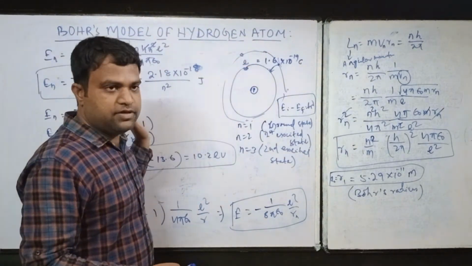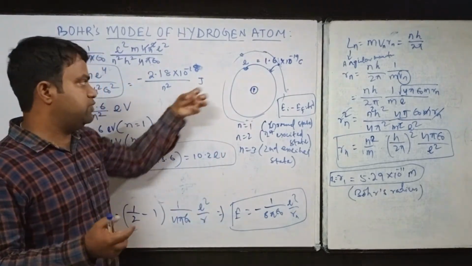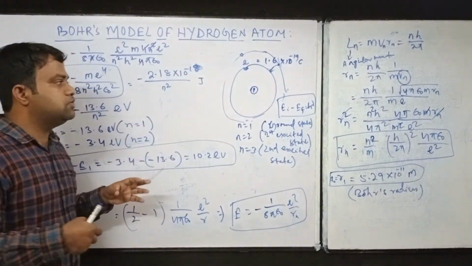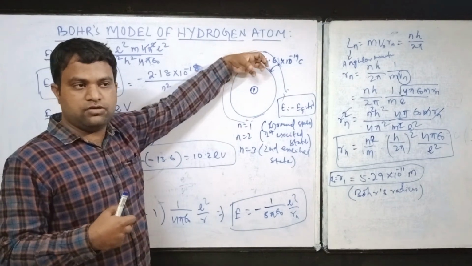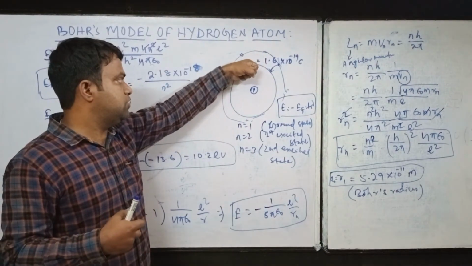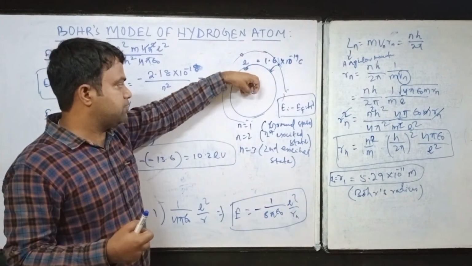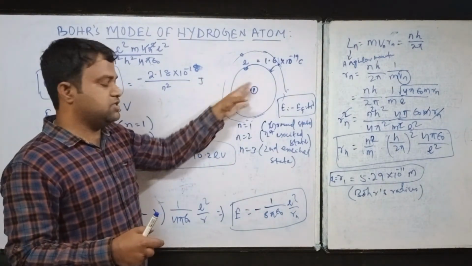The negative sign of the energy basically says it is in a bound state. Electron and proton are in a bound state. So you need energy to take an electron out of the potential trap of this proton.